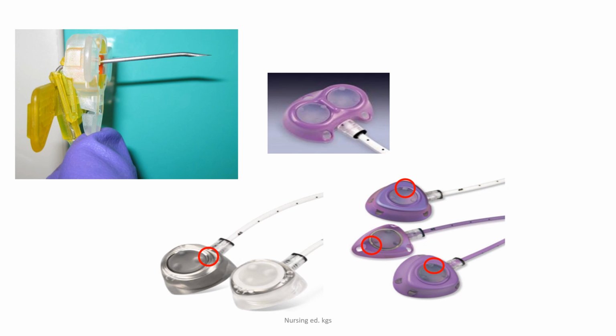These ports can also be single chamber or dual chamber. Each chamber must be managed as a separate lumen in the case of an IVAD with more than one septum.